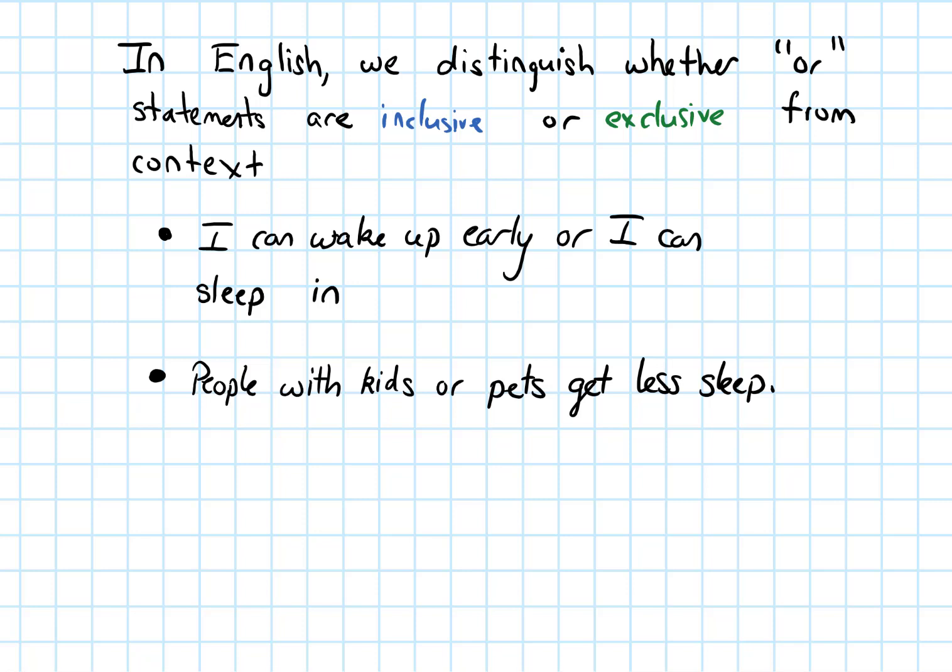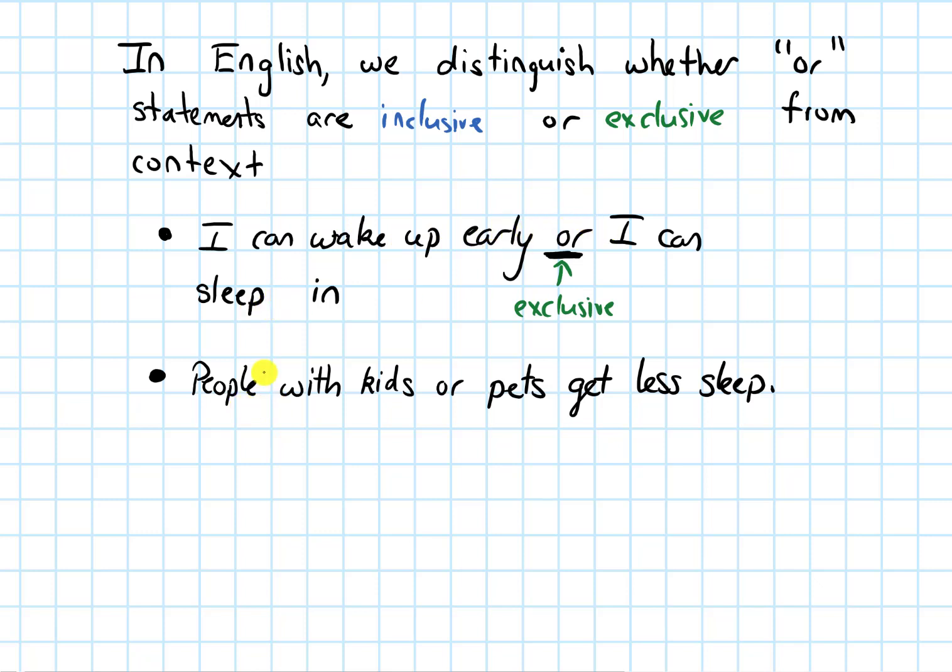If I focus in on this word or here, in this context, could I do both? Could I wake up early as well as sleep in? No, that wouldn't really make sense. So this is an exclusive OR. I'm doing one of these things, but not both of them. I'm either waking up early or I'm going to sleep in.